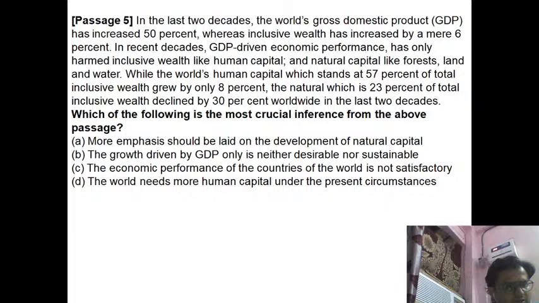So which of the following is the most crucial inference from the above passage? Try to find this one.